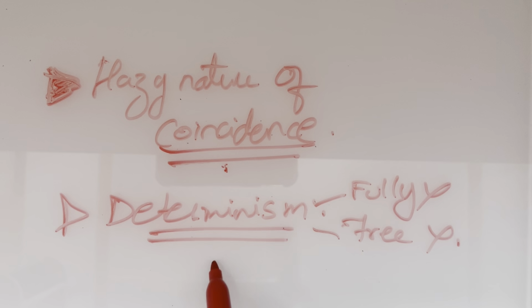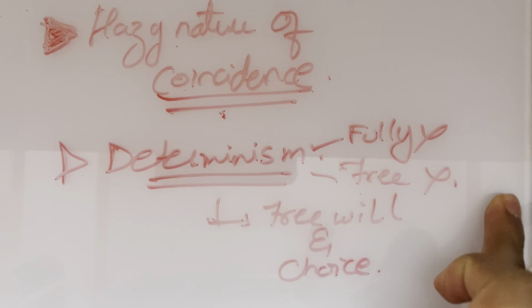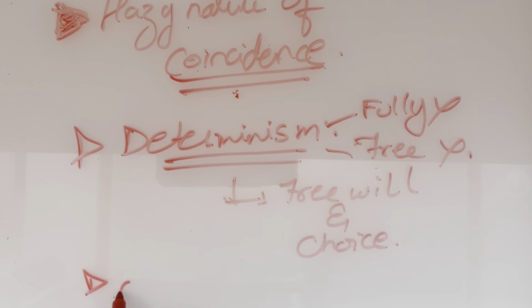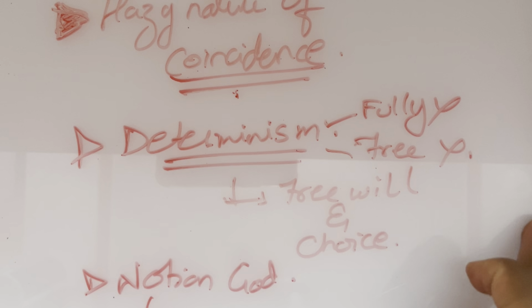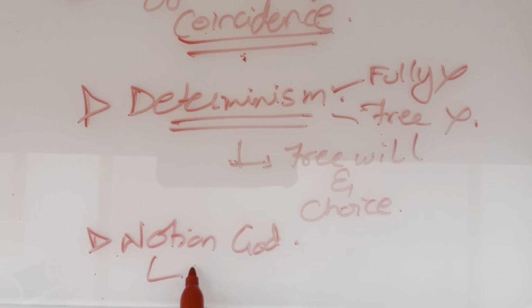And the role of free will and choice, and the notion of God. Also, there is an attack on the notion of God propounded by Leibniz. The notion of God not in line with rationalism, and probably making his philosophy a little bit theistic.